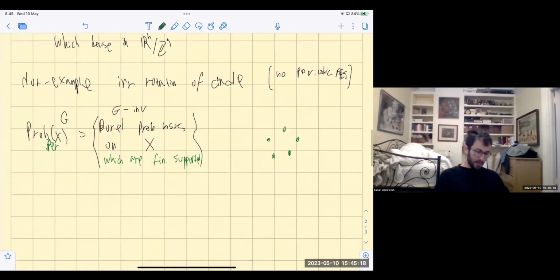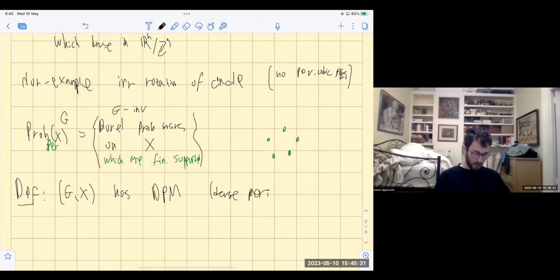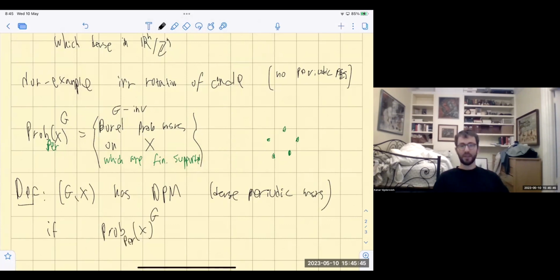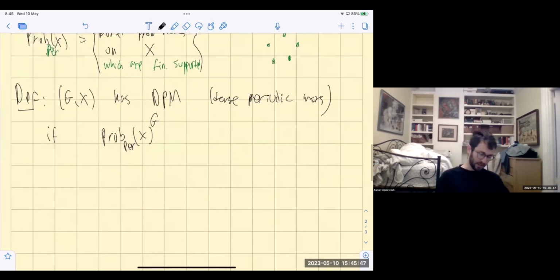Okay, and so an important definition here is that the system G acting on X has dense periodic measures if the space of G-invariant probability measures on X which are periodic, so they're just very boring finitely supported probability measures, is dense in the space of all invariant probability measures.